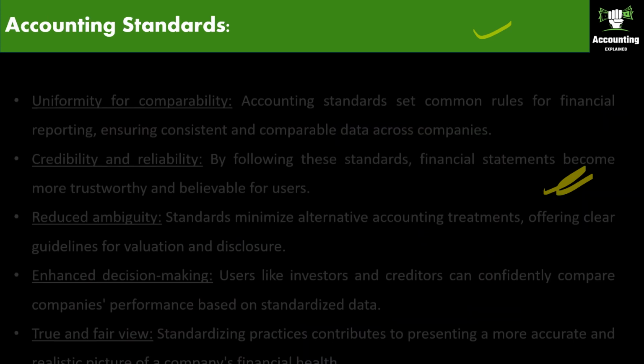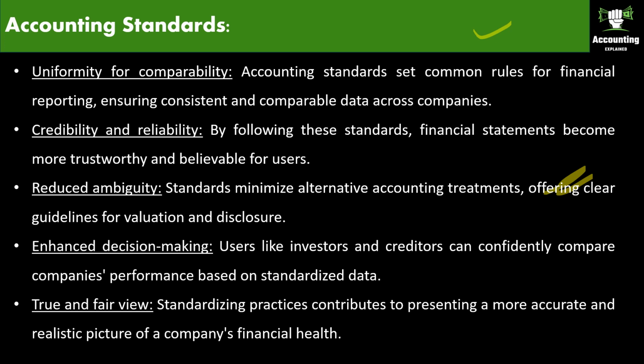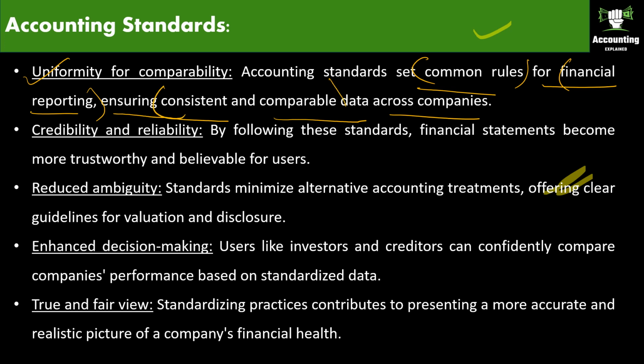Next, we are going to see about accounting standards. Let's see the features of accounting standards. First is uniformity for comparability. Accounting standards set common rules for financial reporting, ensuring consistent and comparable data across companies. So common rules are followed for financial reporting, where it will be consistent and easily comparable with data across similar companies.